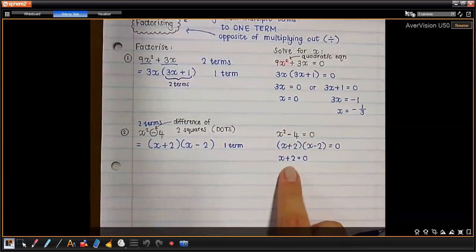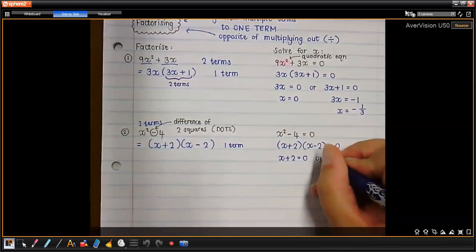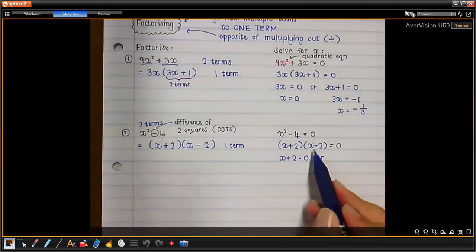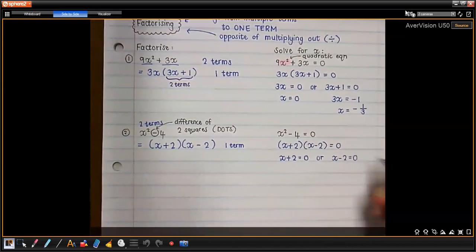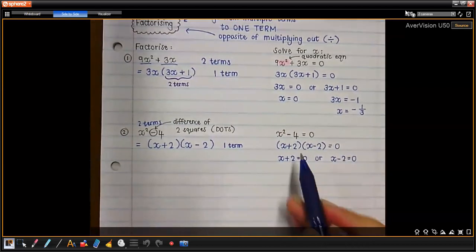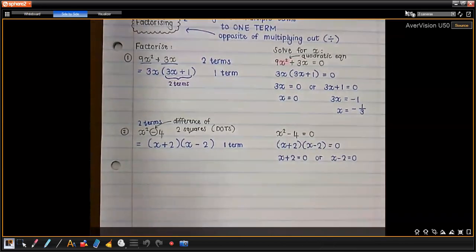So that will work. Or if my second bracket is equal to 0, x minus 2, then I'm going to have a bracket times 0, that's also equal to 0. So both of those will make my product equal to 0.